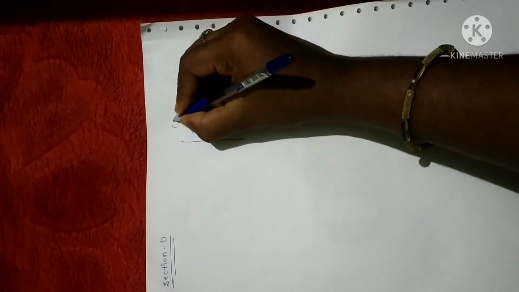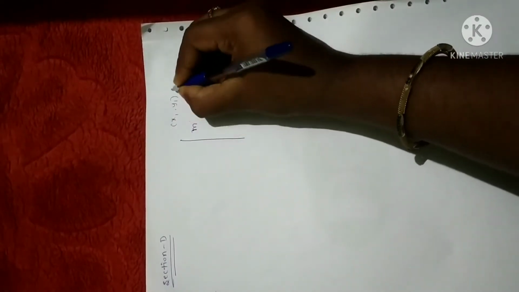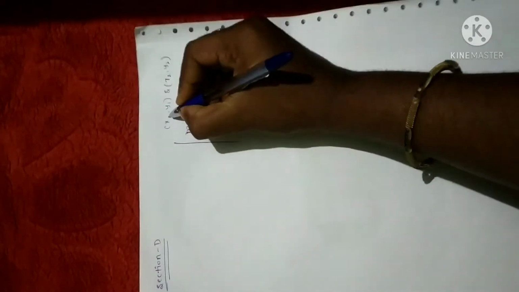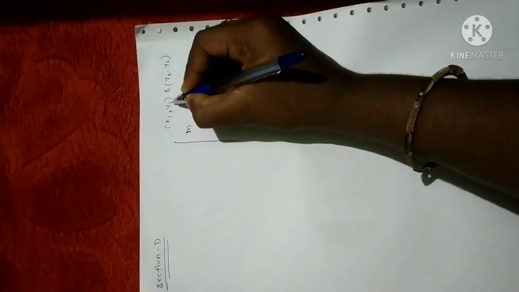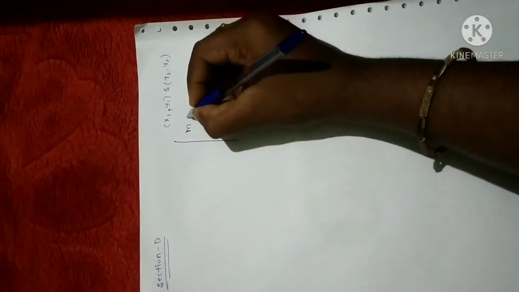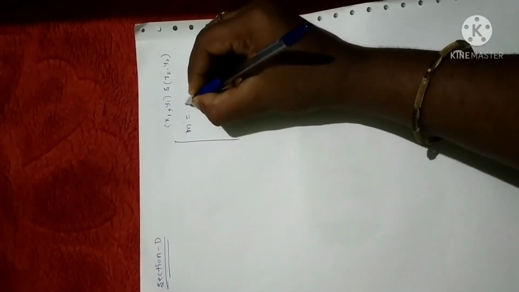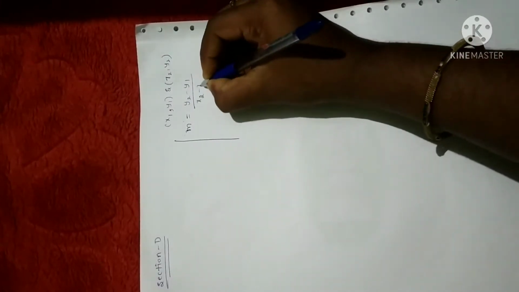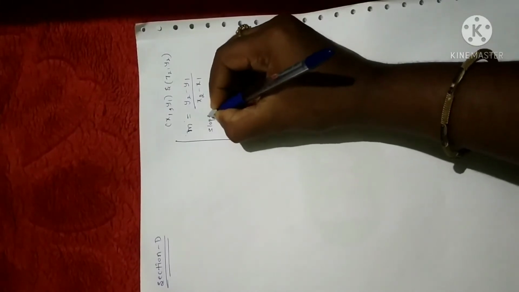Remember, when two coordinate points x1, y1 and x2, y2 are given, you have to use the formula m is equal to y2 minus y1 divided by x2 minus x1 to find the value of slope.